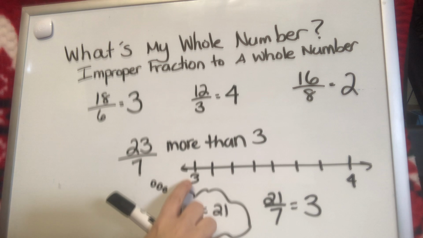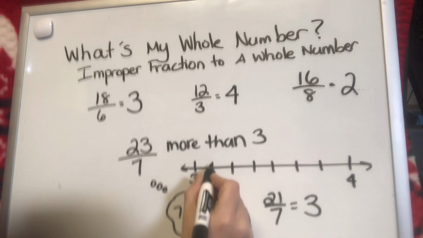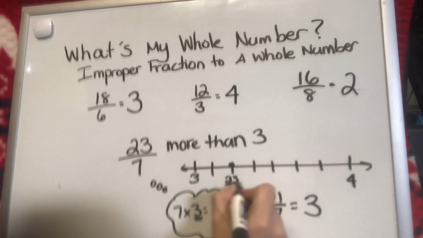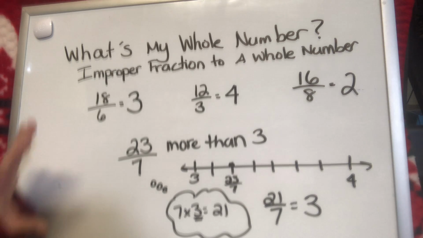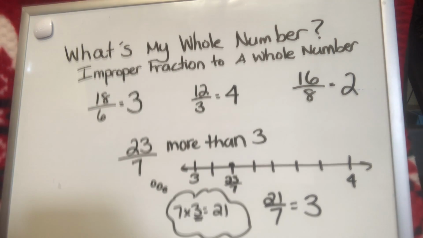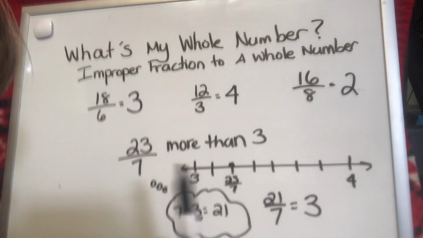So if this would be 21 sevenths, then this would be 22, and 23 sevenths would be right here. All right, so you can use this, like what's the whole number, or is it more than or less than, to try to find your spot on the number line, okay, and know where you're going to start.